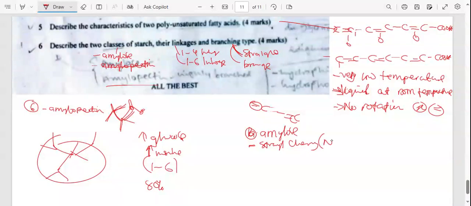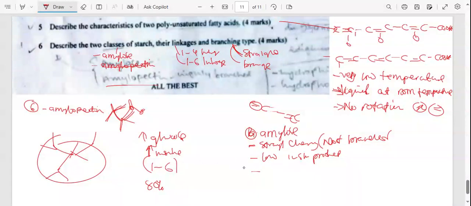So in short, not branched. Then low surface area for digestion, and also low insulin production. Then the other thing is low production of what? Glucose. All right.